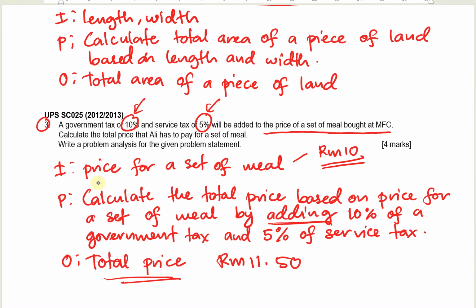So 10 ringgit plus your government tax of 10%, that is 1 ringgit, and 5% is the service tax, that is 50 cent. So altogether you have to pay 11 ringgit and 50 cent. Alright?